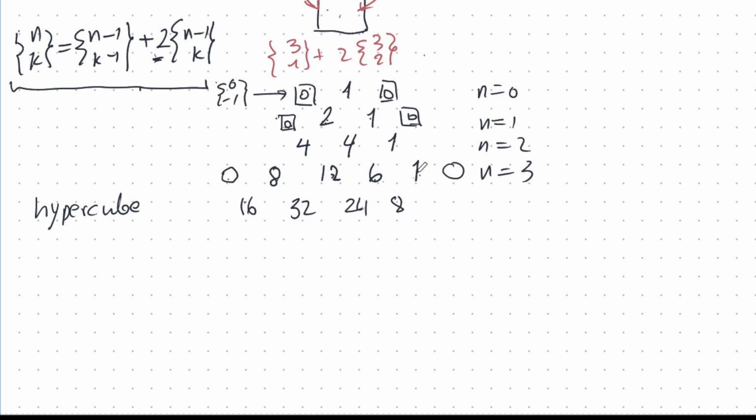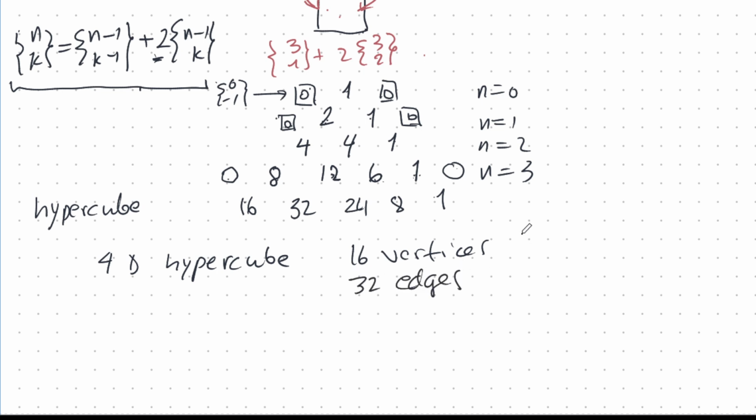And then 1 plus 2 times 0, well, that's 1. So we have the 4D hypercube. All right, we should have 16 vertices, 32 edges, 24 faces, 8 cubes should live inside the hypercube, and of course 1 hypercube.